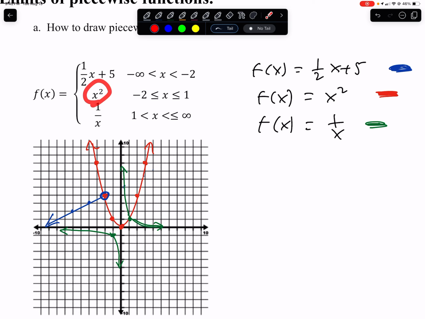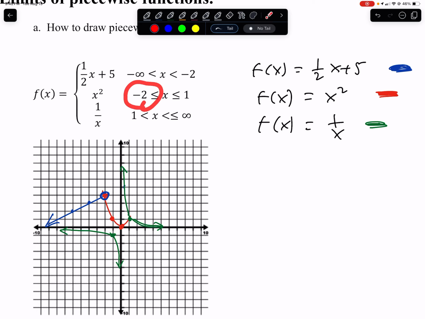So x squared, which is the red one, I want it to exist both at -2 and at 1. That's why there's equals there. But anywhere outside of those, I need to get rid of them. So I'm going to get rid of anything to the right of 1, and get rid of everything to the left of -2.